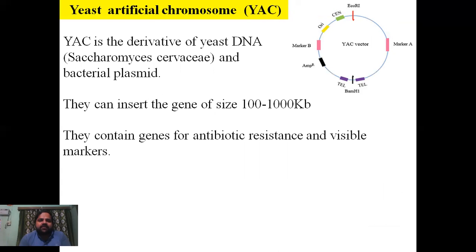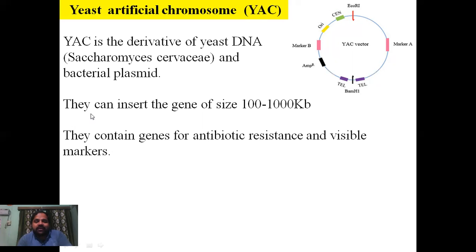Another is YAC, yeast artificial chromosome. We can see the structure of YAC here, and YAC is a derivative of yeast DNA, Saccharomyces cerevisiae, and bacterial plasmid. It means it is also an artificially created vector, and it is a combination of some of the yeast DNA as well as bacterial plasmid.